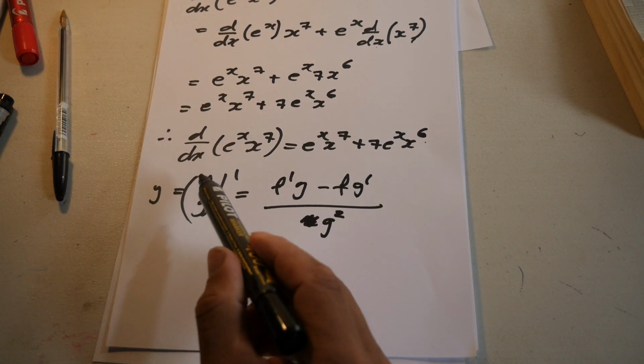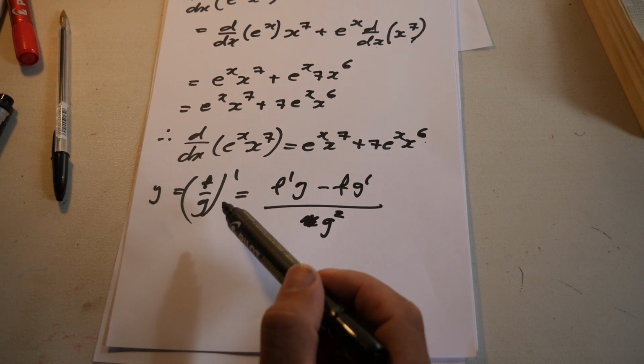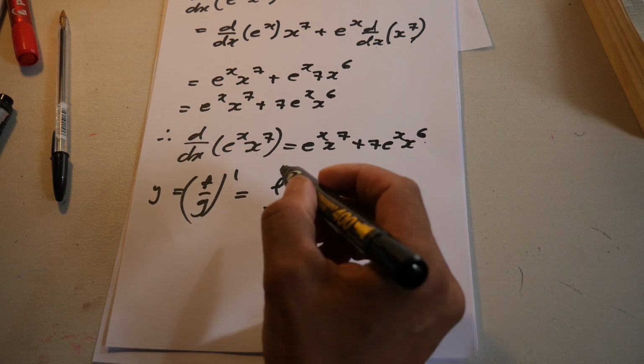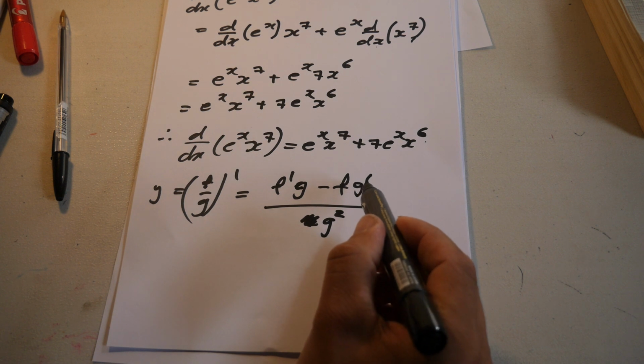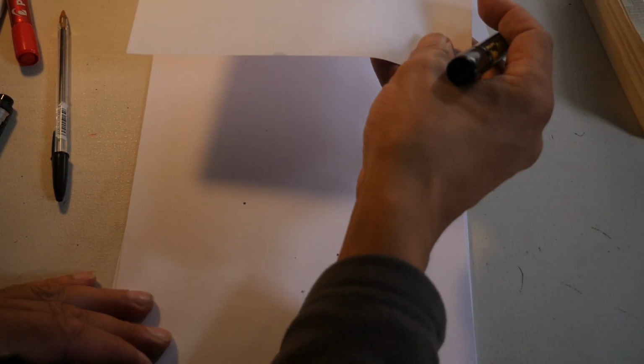So a quotient, a function of f divided by a function of g, is equal to the derivative of f times g minus f times the derivative of g, divided by g squared, okay?